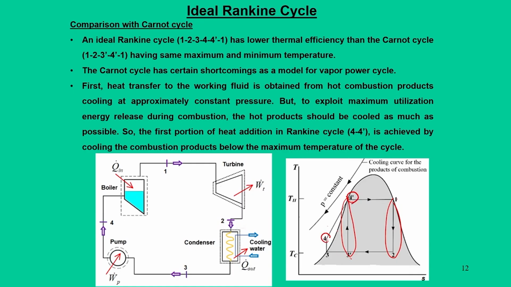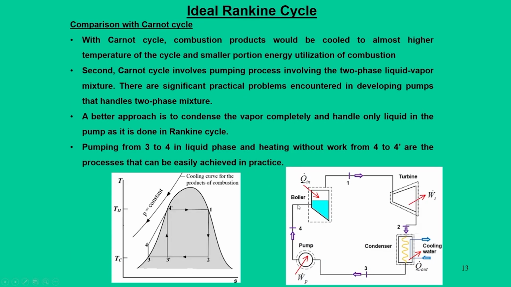In reality, this heat addition is normally done through waste heat or combustion products that go out of the system, which is effectively utilized in this heat addition process. But this flexibility is not there in the Carnot cycle. So, that is the main issue why the Carnot cycle is not practically feasible.